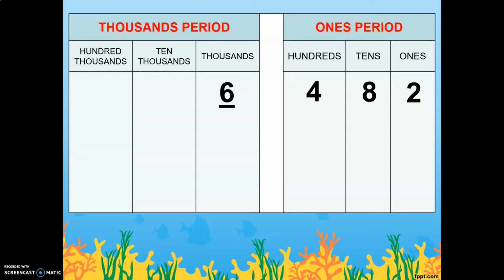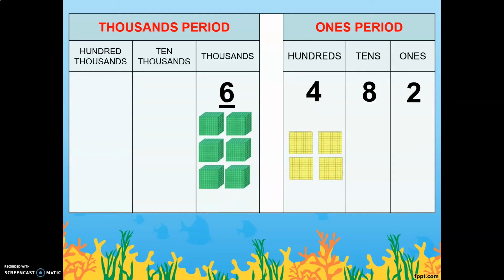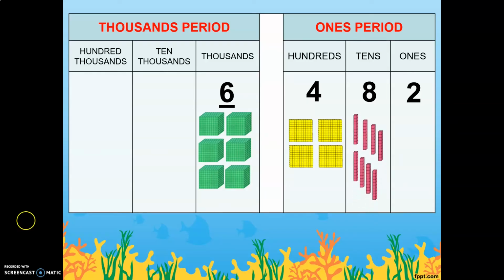How about its value? Let us use base 10 blocks to identify the value of 6. Using the base 10 blocks, we represent 6,482 using 6 cubes, 4 flats, 8 rods, and 2 units.